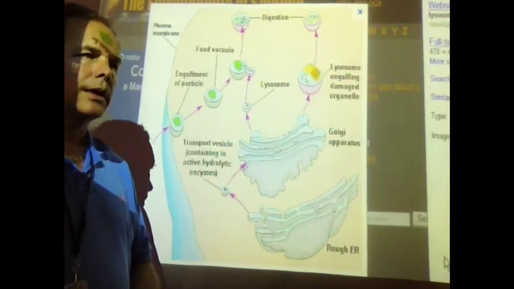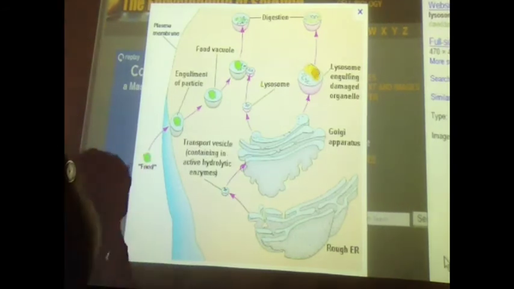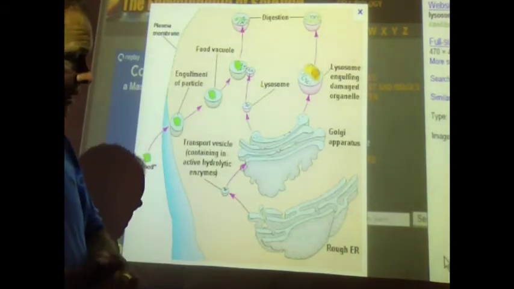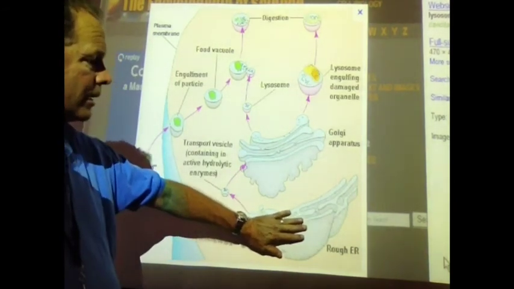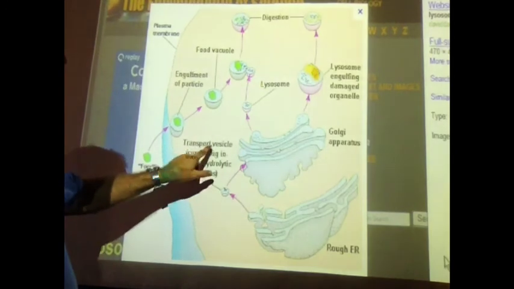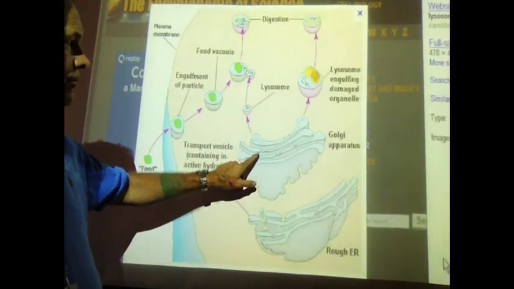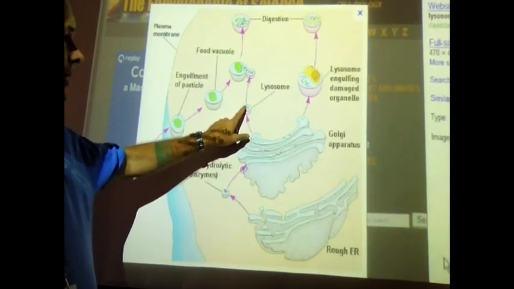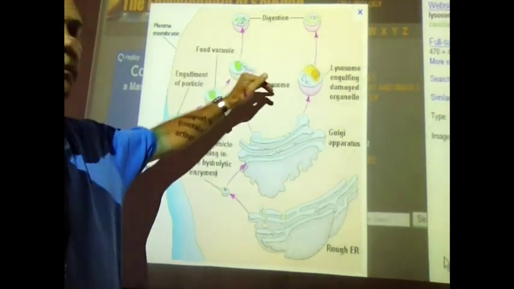Here is a real nice diagram image, got it off Google Images. We're working again with the lysosomes. As you can see, we've got the rough ER making the proteins. It's a transport vesicle going to the Golgi body, and the Golgi body is producing the lysosome. And it appears like the lysosome is actually looking for a particle inside the cytoplasm.